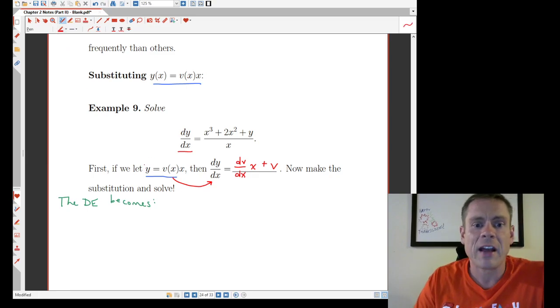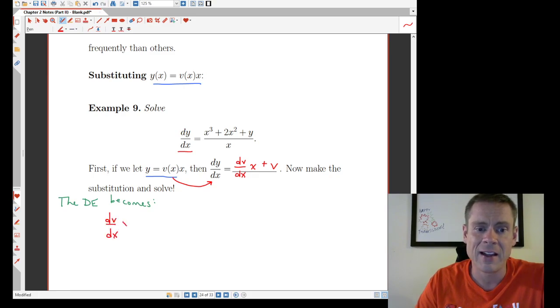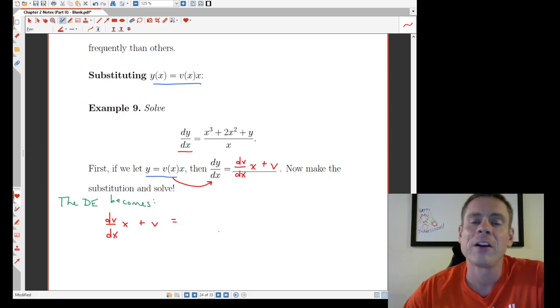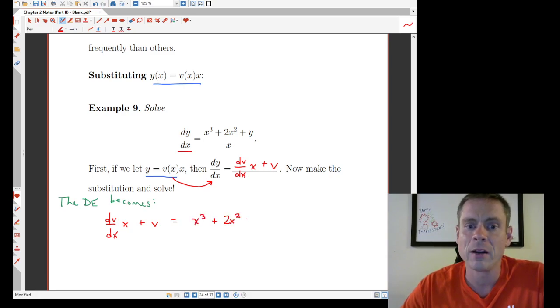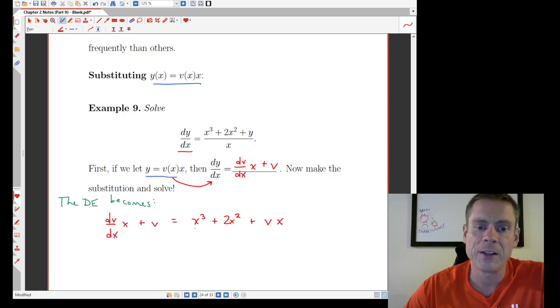The left side, where I had dy/dx, is going to become dv/dx times x plus v. It looks like it gets more complicated, so what up? Well, we'll figure out why it gets nicer. On the right, I have x cubed plus 2x squared plus, and then the y we're replacing by a vx, and the whole thing is over x.